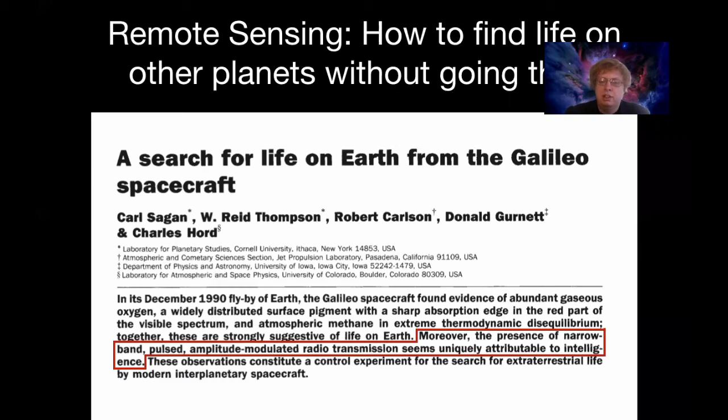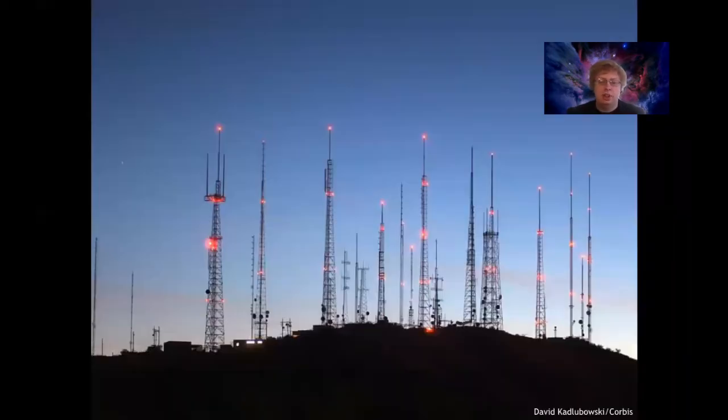And finally, Carl noted the presence of narrowband pulsed amplitude modulated radio transmissions. So what does he mean by that? He means our radio signals. You can see evidence that there's life on Earth based on our technology.